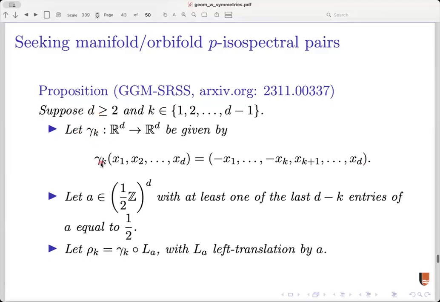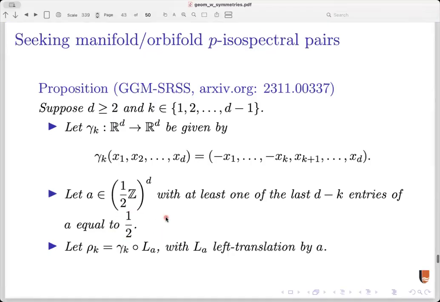We'll use this mapping in what follows, but we want to adjust it slightly to get a related mapping. So here we have a, another d-tuple, so it's in the d-fold product of the half integers. So take a of this form, but make sure that somewhere in these last d minus k entries of a, one of them is equal to 1/2 right there.